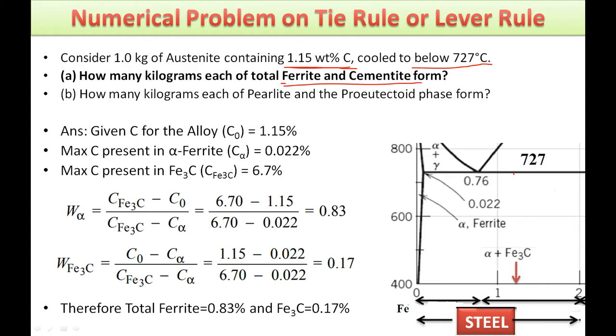For ferrite, how much carbon can be present at maximum? That is 0.022%. For cementite it is maximum 6.7%. That means we already know C Fe3C and C alpha. Now we just have to put the values here. Weight of alpha percentage means the percentage of carbon in Fe3C minus the given carbon, divided by the carbon percent in Fe3C minus the carbon percent in alpha ferrite, nothing else. In the same way we can find the Fe3C percentage. You can solve this.